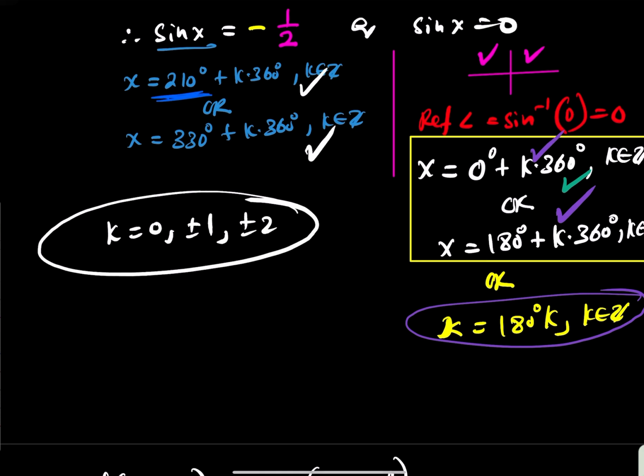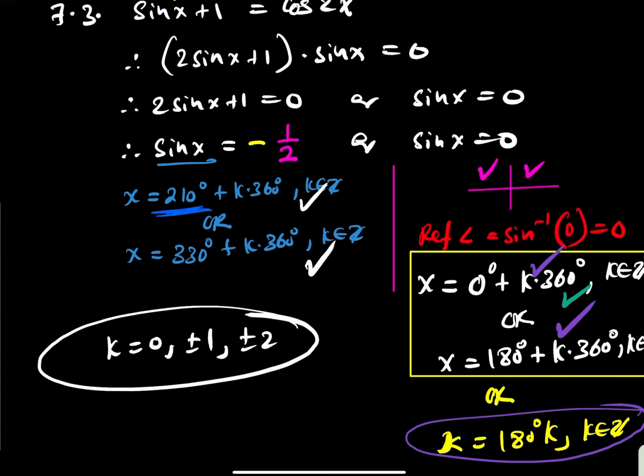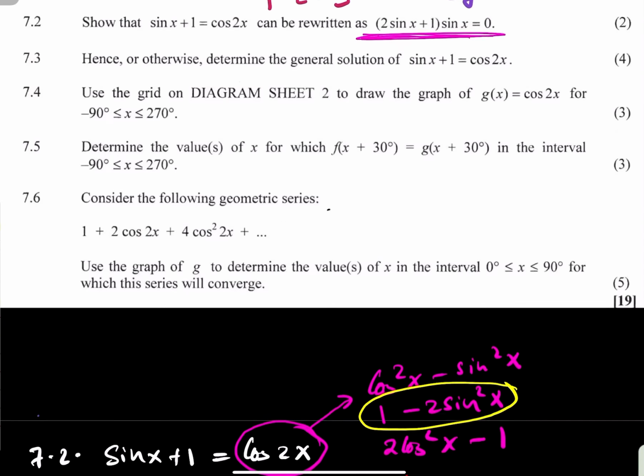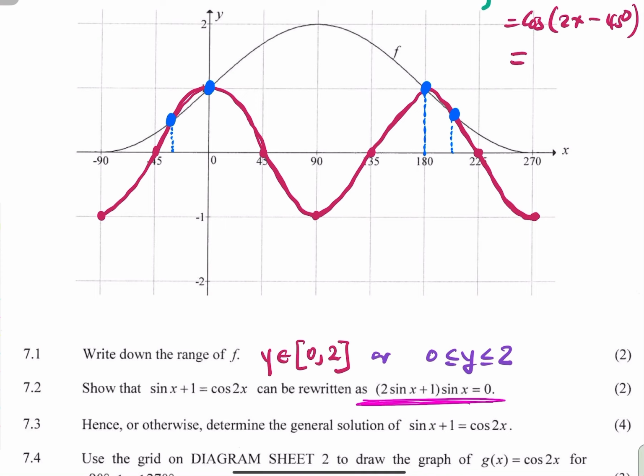Let's test with those ones. So I'm going to take k as 0, and I'm going to get 210 at this particular point. So it means in the graph it equals 210. Here is 210.